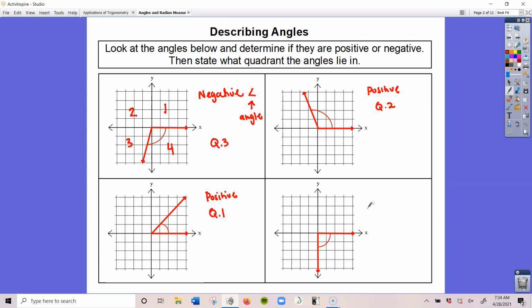Now this particular angle here is a negative angle since it opens going down, but you see that it lands here in between two quadrants. That is called a quadrantal angle when it lands on any axis. So if it lands on the y-axis, whether the negative or the positive, or if it lands on the x-axis, those are called quadrantal angles.